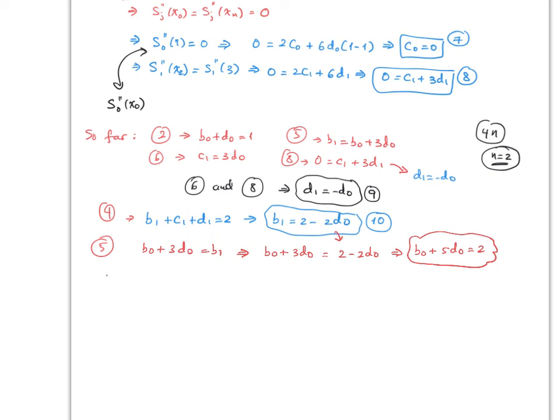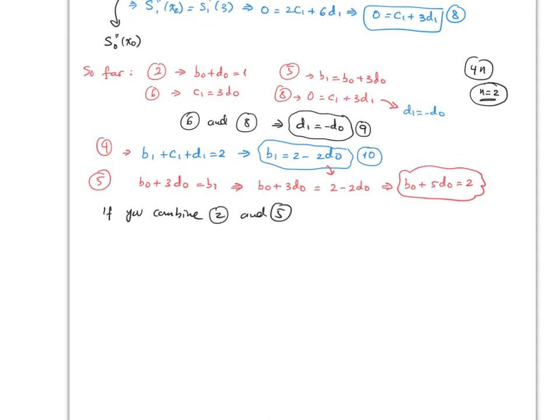Therefore, if you combine 2 and 5, we get the following. Equation 2 was b0 plus d0 equals 1, and 5 is now b0 plus 5d0 equals 2. Now this is a 2 by 2 system from elementary algebra, which you can solve pretty easily.